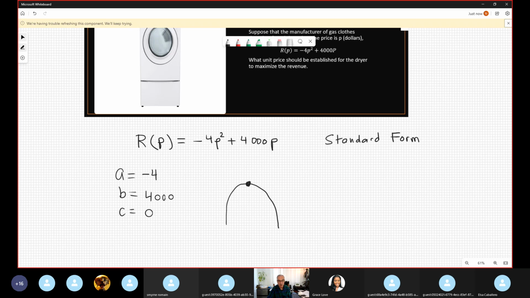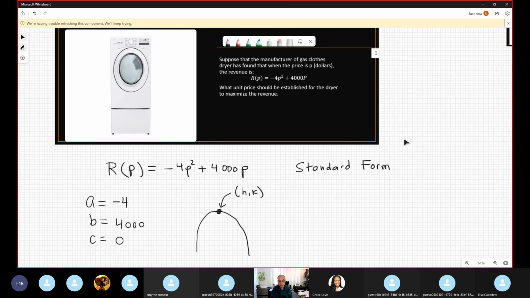This happens at the vertex, H, K. Okay, now we're ready to find H and K. Well, I don't know them, so I need to find both. Be careful, because the question focuses on what unit price should be established for the dryer to maximize the revenue. By curiosity, we computed both, but the answer is P. I need to find P.